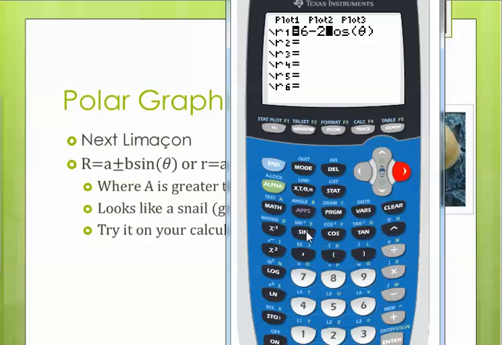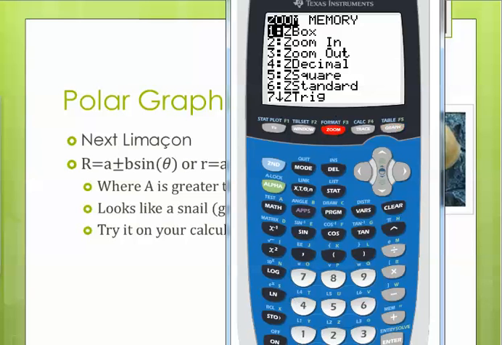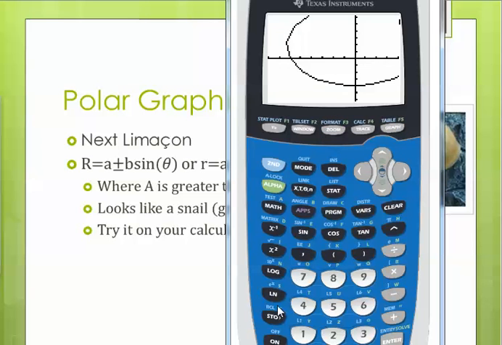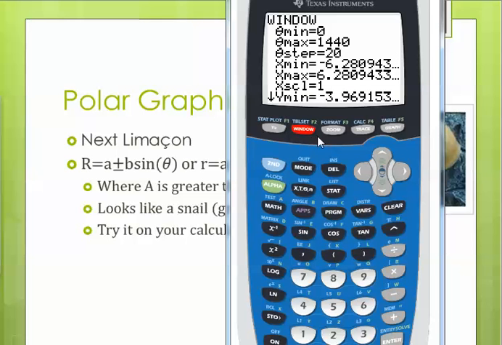Let's do a sine theta there. Okay, and instead of a minus, let's make that a plus, just to give us something different. Graph, zoom 0. Yeah, it looks like that. These are looking an awful lot like a circle, aren't they? Let's go back to our window here and bring this back down to 360 degrees, because I have a feeling that's probably one of our problems.